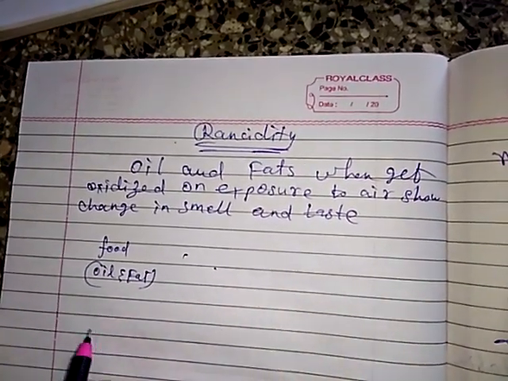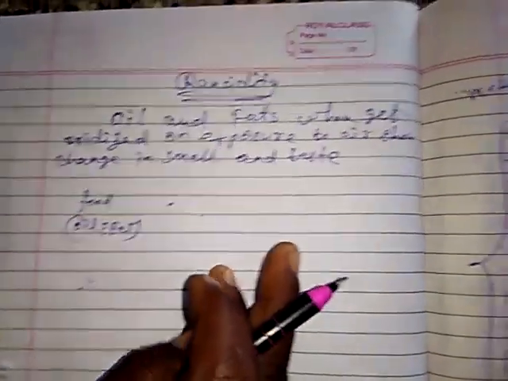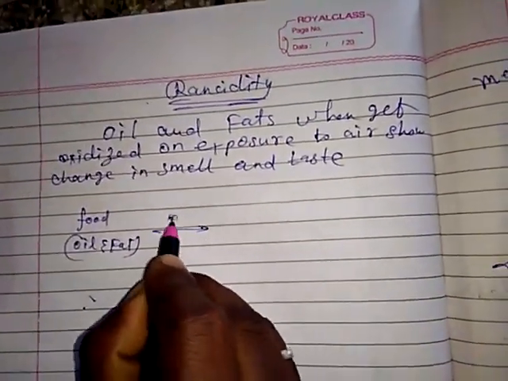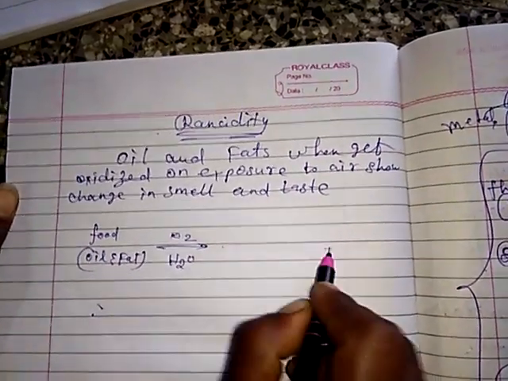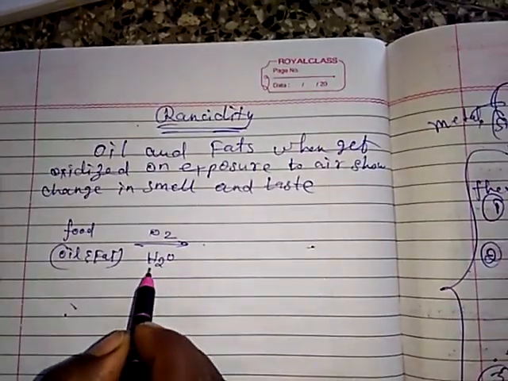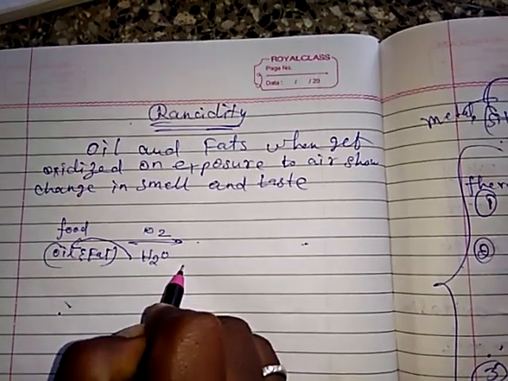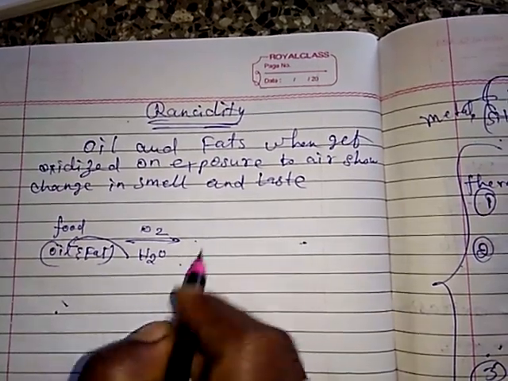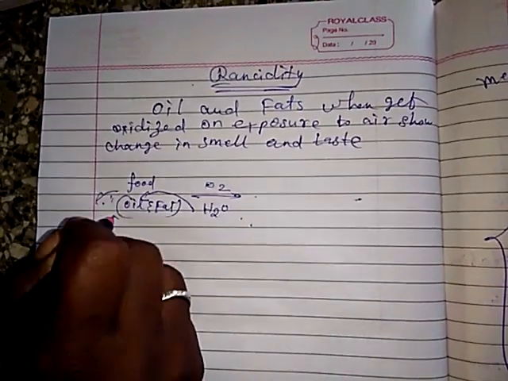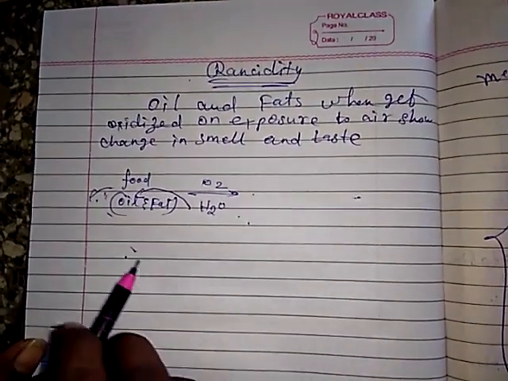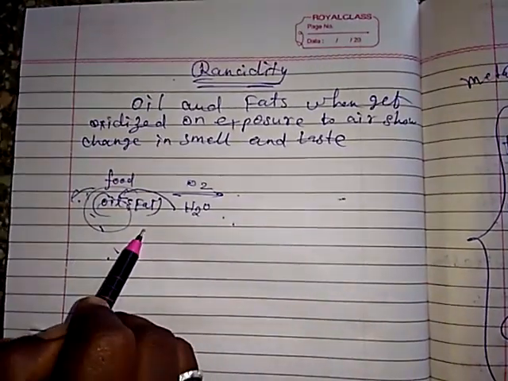If oily and fatty foods are kept in the natural atmosphere, oxygen or water from the atmosphere will react with the oil to produce substances by which this food becomes unsafe and unhealthy for consumption.